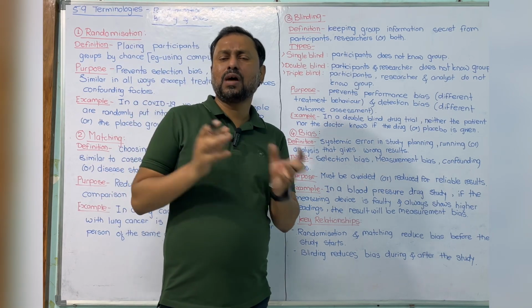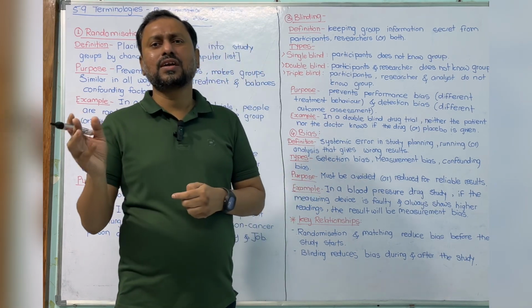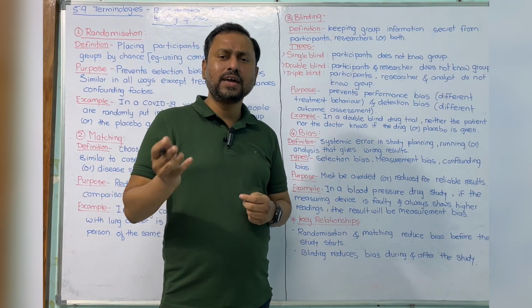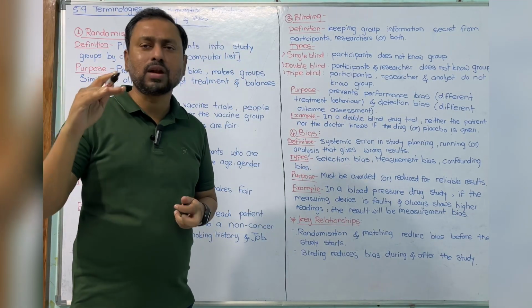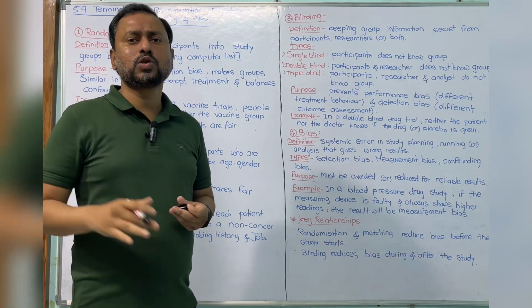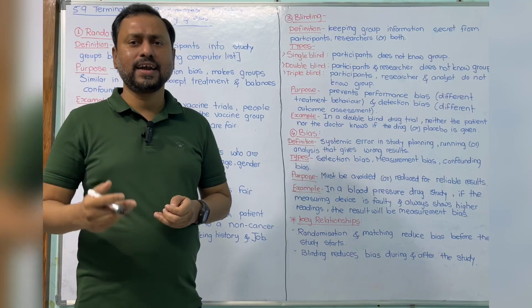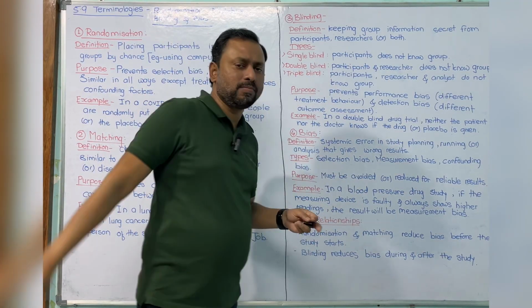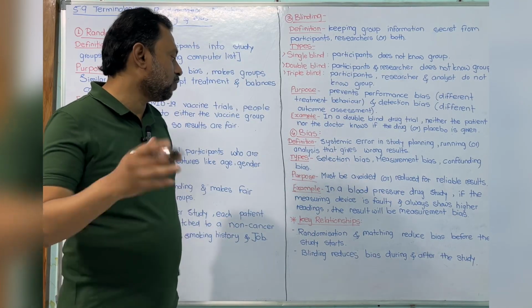Whenever bias is there in your research, the result may be wrong. If you avoid bias, you can give reliable results, and researchers and common people will believe that you did correct research. That is why bias should be avoided.